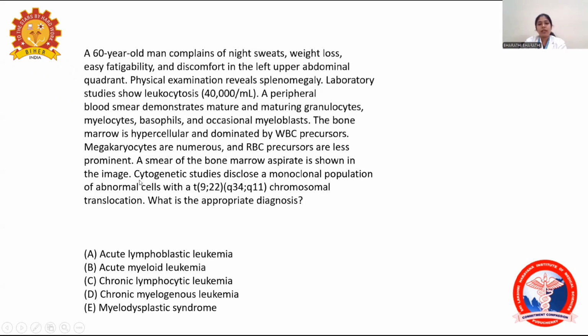A smear of bone marrow aspirate is shown in the image. Cytogenetic studies disclose a monoclonal population of abnormal cells with translocation 9;22. What is your appropriate diagnosis? All of you try to answer this. Yes, the answer is chronic myelogenous leukemia.